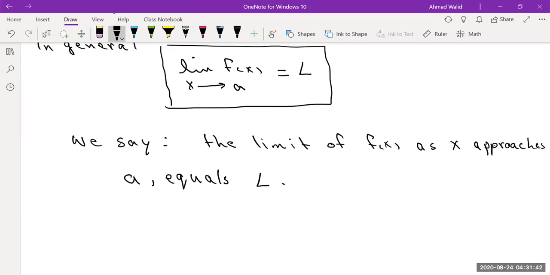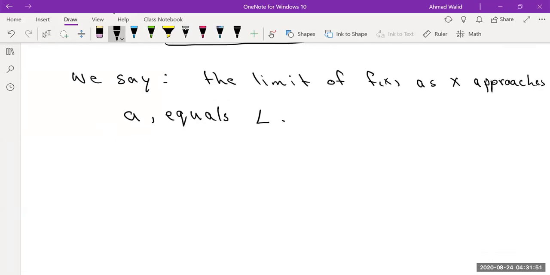The limit of f of x as x approaching to a equals what? L. It means, what's the meaning?